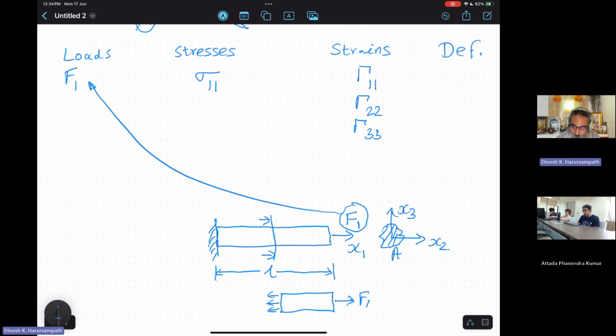In general, you will have a displacement measure number u1 along x1, u2 along x2, and u3 along x3, right? But in this case, what would be the predominant displacement of any material point, amongst u1, u2, u3?